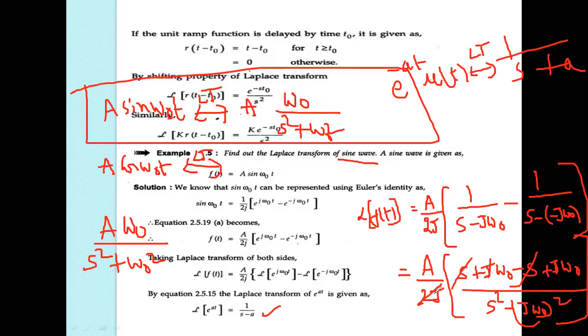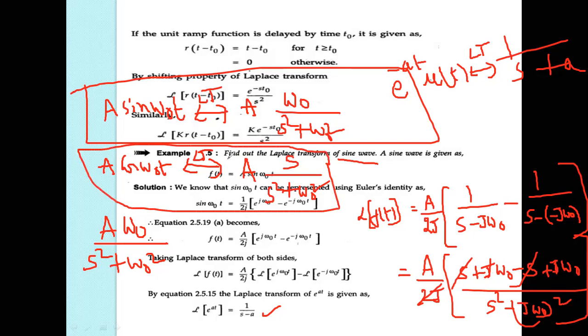There is no j in the formula of cos, which is e power j omega naught t plus e power minus j omega naught t by 2 only.